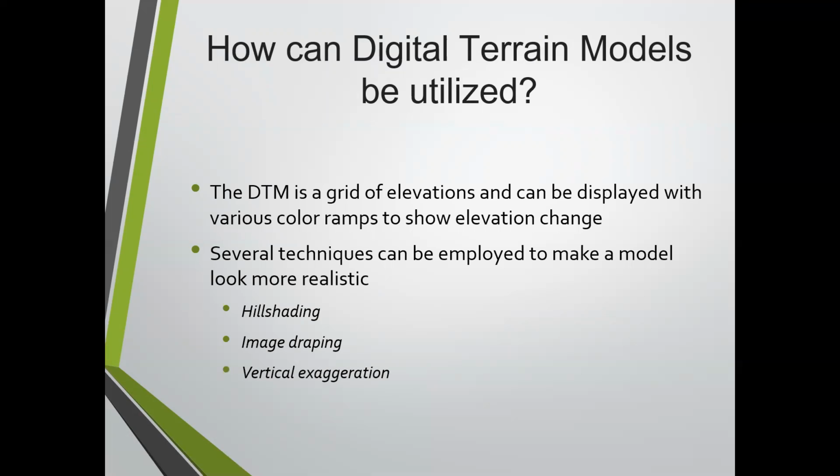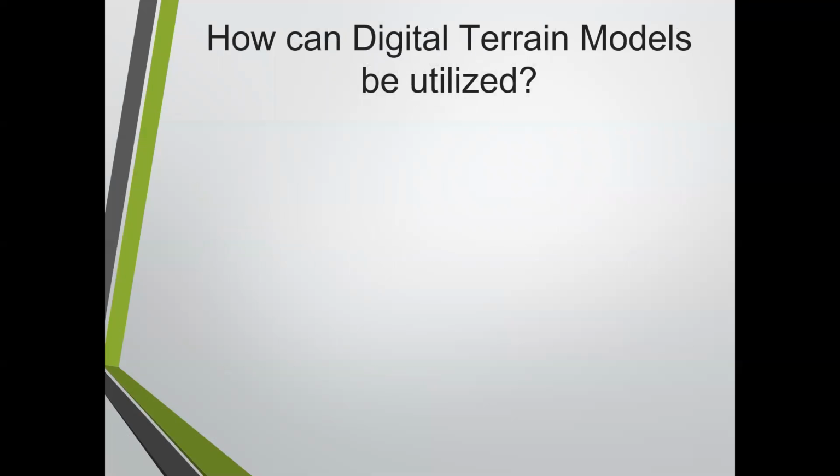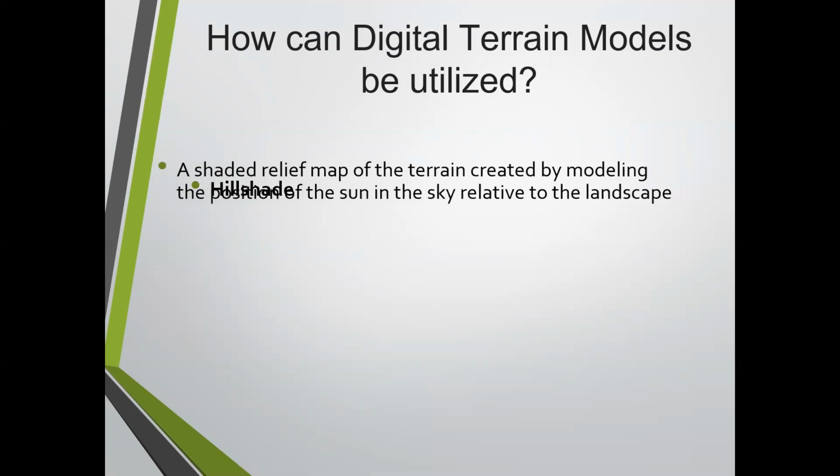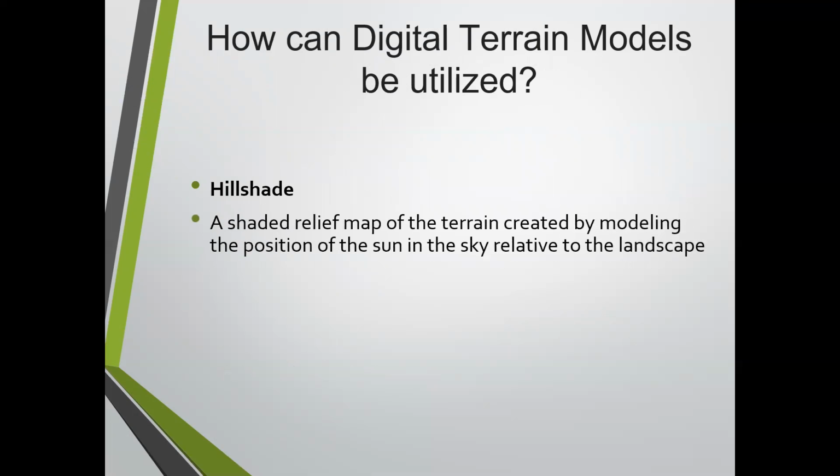These three things we've already alluded to, but we'll talk about them in depth here. Hill shading is looking at a shaded relief map that shows what's happening based on the sun and its position in the sky relative to the landscape, the time of day, and your location.